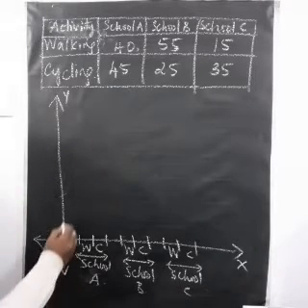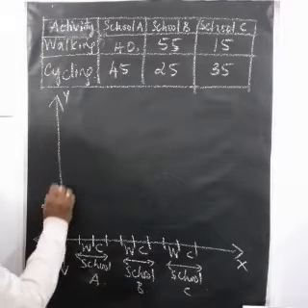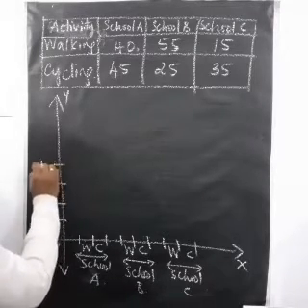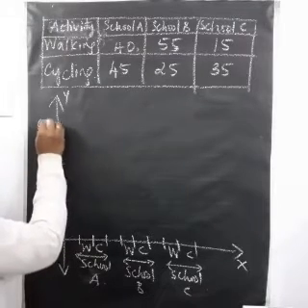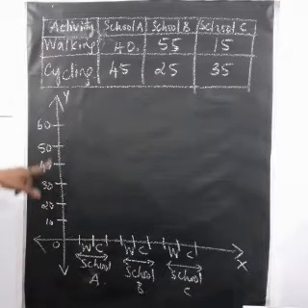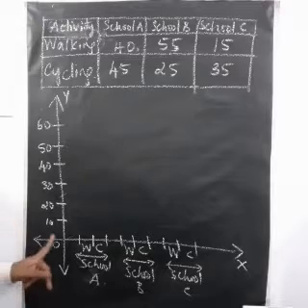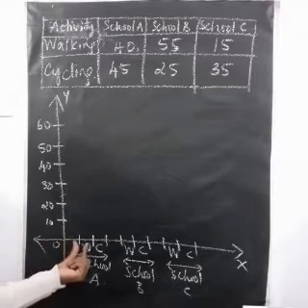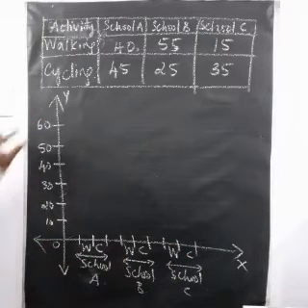So supposing I take it as 10, 20, 30, 40, 50 and 60. Okay. Now if you do it on graph paper, it is easy. You can just mark along the markings. If you are doing it on plain white paper, kindly take a scale and mark out 1 centimeter uniformly here as well as here, so that the graph will be correct.